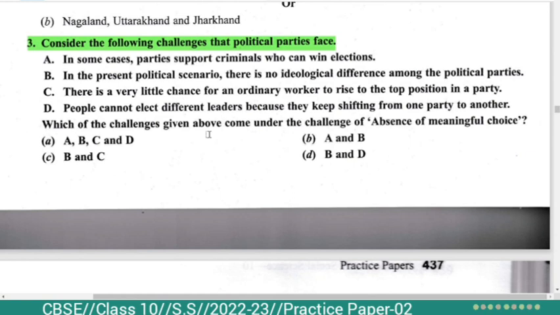Which of the challenges given above come under the challenge of absence of meaningful choice?